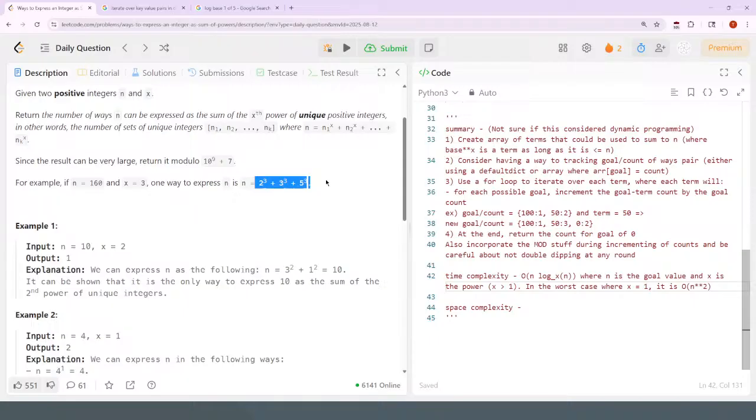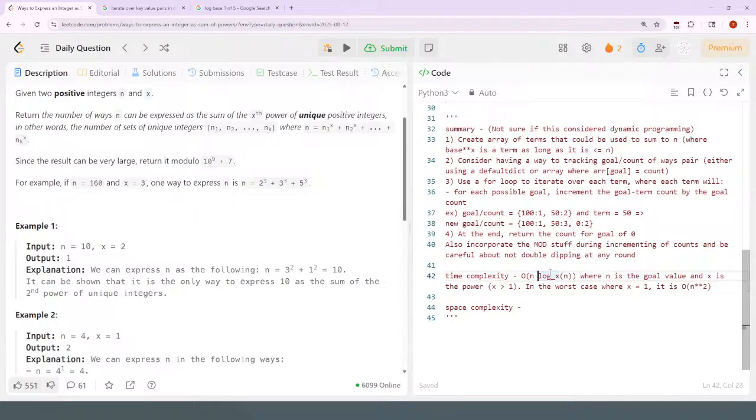Oh wait, you're dealing with the xth root of n, not the logarithm.